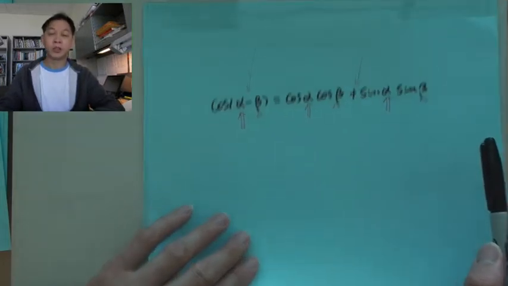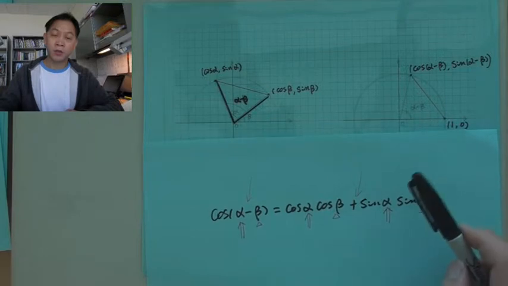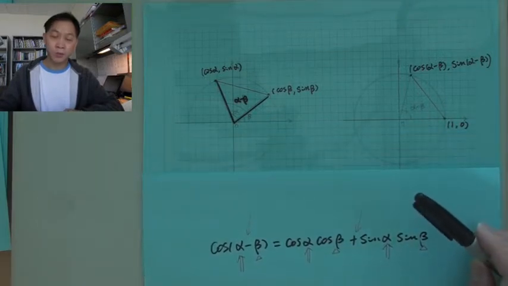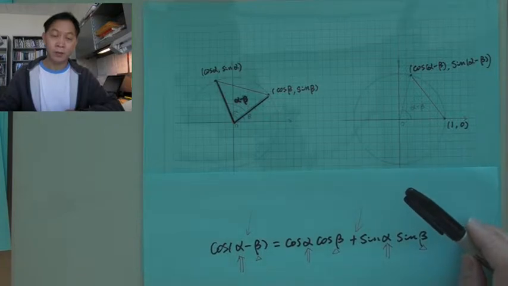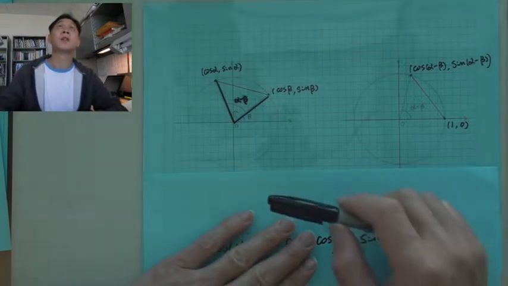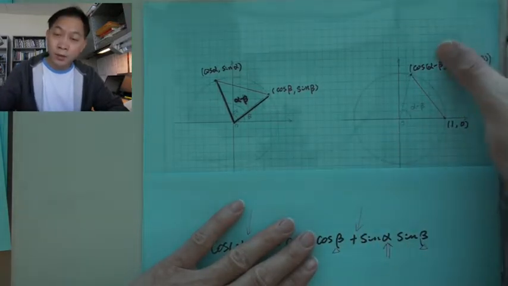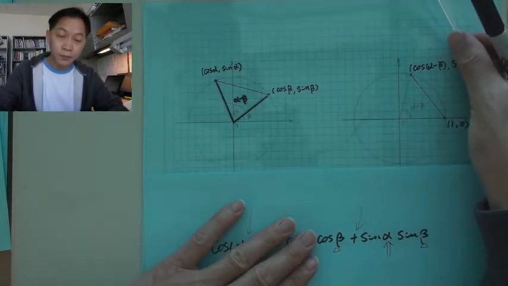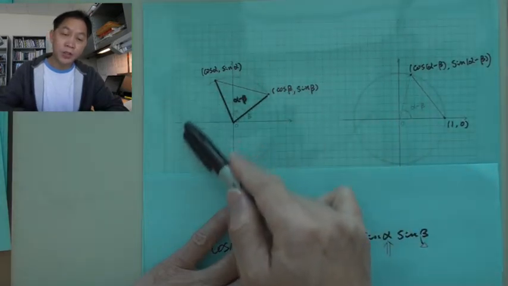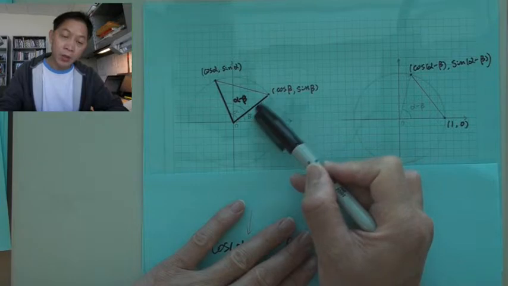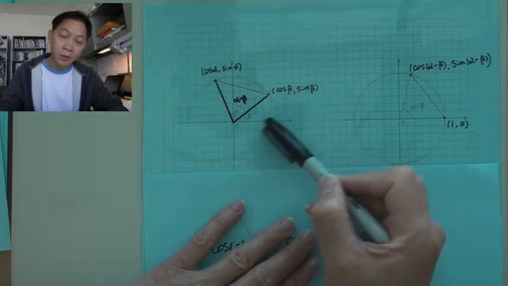Now, let's forget about this formula right now and look at those two pictures. Now, look. Here, we have a unit circle, and this point, the corresponding angle is beta.